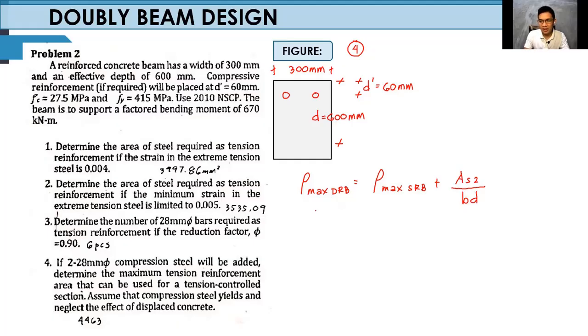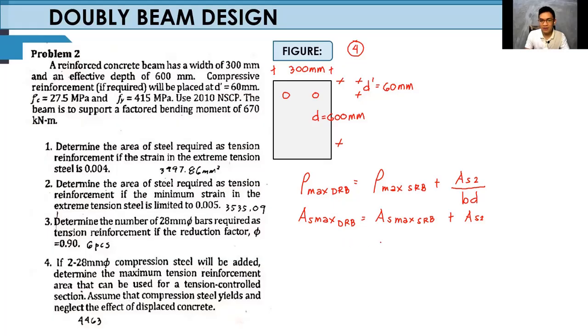So therefore, AS max ng ating DRB is equivalent to AS max natin sa ating SRB plus nung ating AS2. Ayan siya. AS2 na area. Okay?